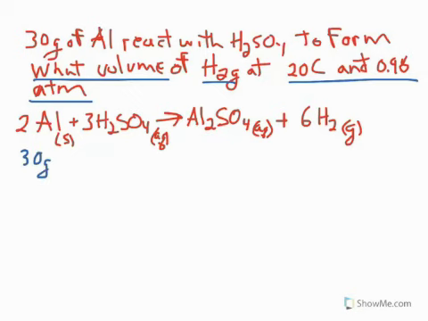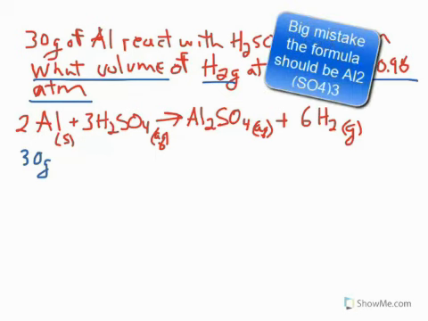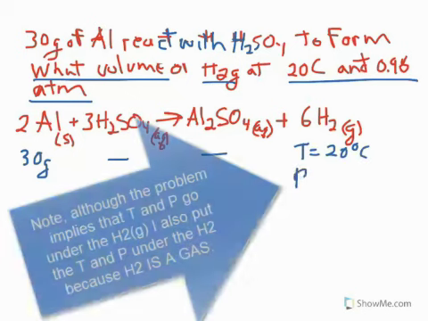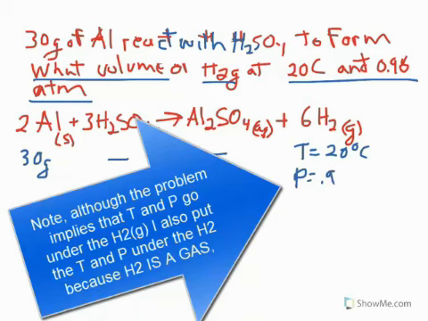This implies I have plenty of H2SO4, so don't worry about that. It doesn't ask anything about the aluminum sulfate. It does give me the temperature equal 20 degrees Celsius, pressure equal 0.98 atmospheres, and it asked for the V.